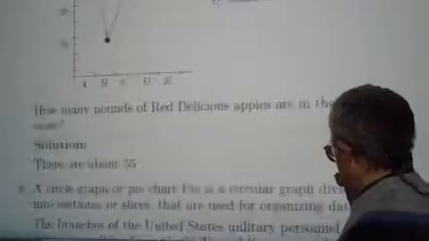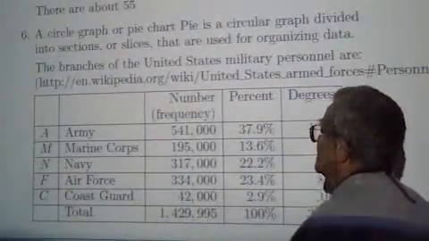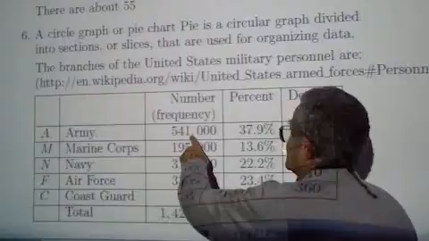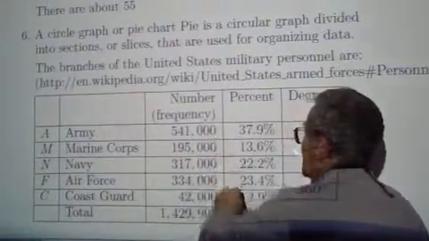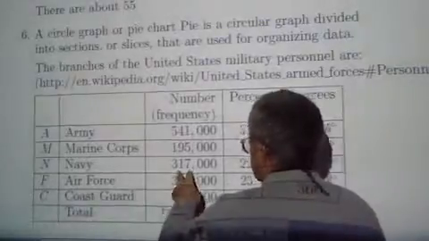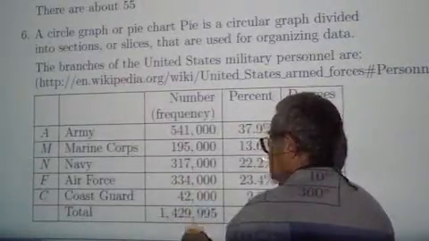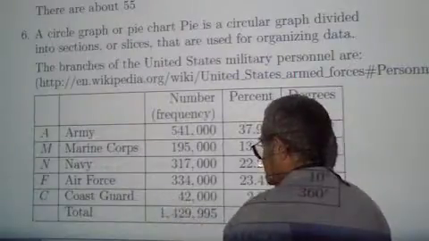Now, a circle graph or pie chart. You have 541,000 personnel in the Army, 195,000 in the Marine Corps, 317,000 in the Navy, 334,000 in the Air Force, 42,000 in the Coast Guard.